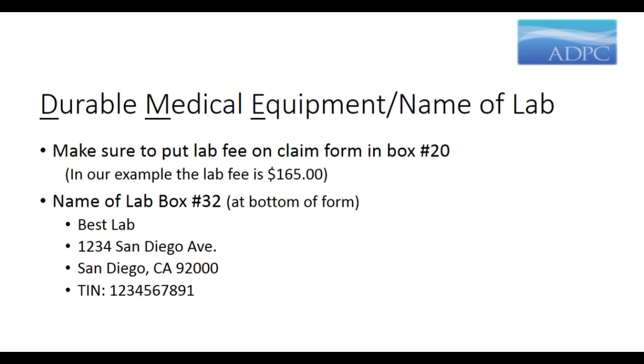In our example, it's $165. Once we have done that, we can drop down to box 32 at the bottom of the claim form, and we put the name of the lab, their address, and their tax ID number or their NPI number.